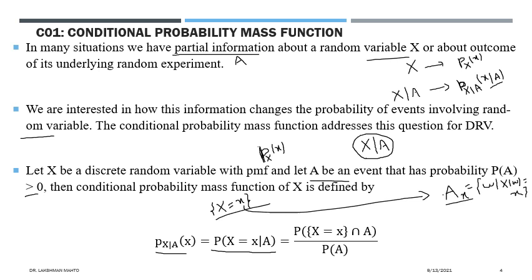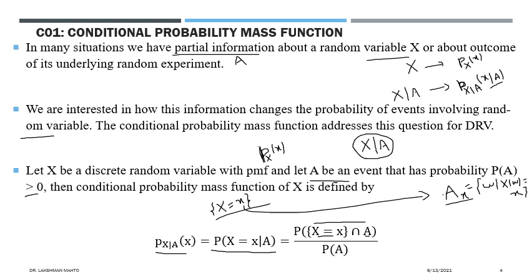We just have to apply the definition of conditional probability. It says how much of this event is happening within A, so we are talking about the joint occurrence of the event X equal to x with A, divided by how many outcomes of A are happening, the total outcome of A, which we call the probability of A. This is the definition of conditional probability.